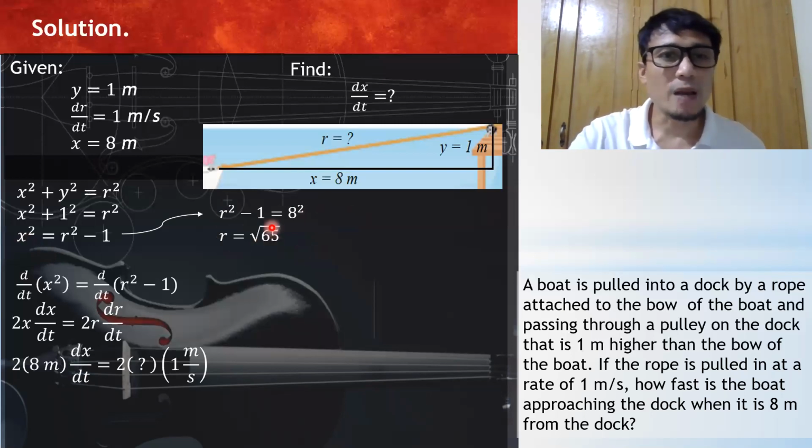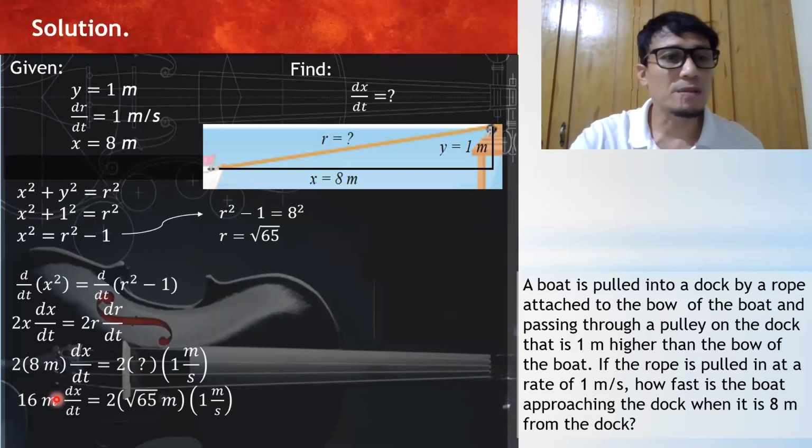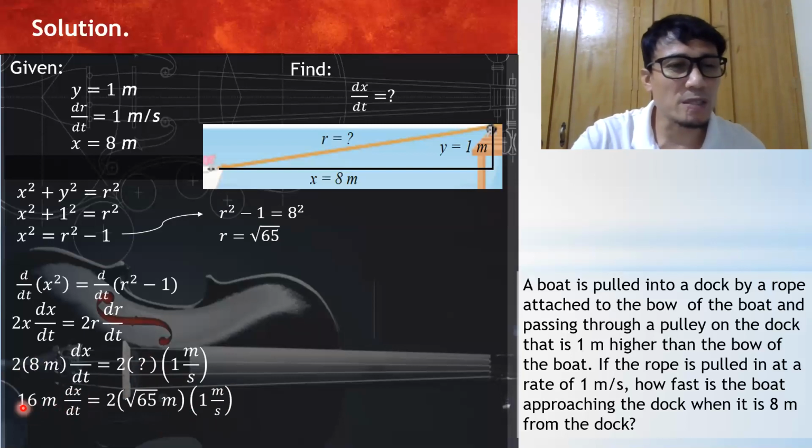Okay, so we plug this in to this question mark, okay? And the expression now will become 16 meters. This is 2 times 8. The dx/dt equals 2 times, okay? That r there is square root of 65 meters times 1 meter per second, okay? And then meter times meter is meter squared. Then you have here 16 meters. We're solving for the dx/dt, so that means that we divide both sides by 16 meters.